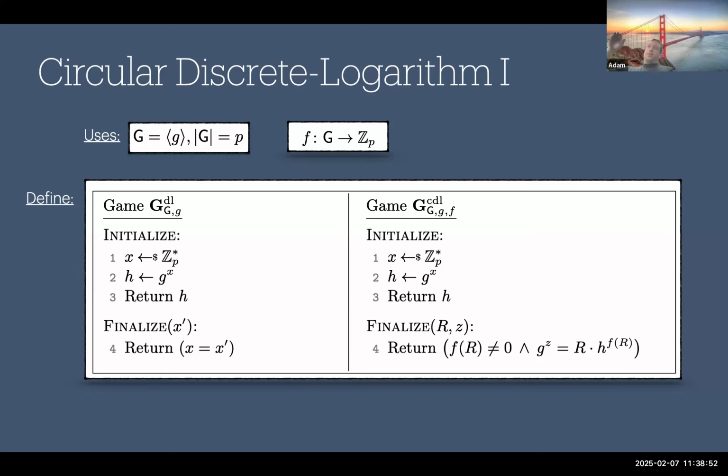But one interesting thing is that, given these impossibility results, it still could be possible that there's a reduction from DL to CDL. By composition, you would then get a reduction from DL to Schnorr, reducing to a representation independent assumption, which is DL. But it would still get around the impossibility because the reduction would compute F, so it's not generic.